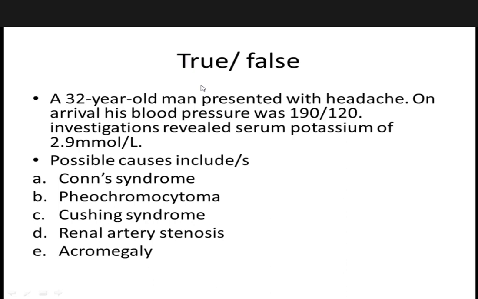Investigations done: white cell count normal, hemoglobin normal, PCV 34, platelet count 200,000, ESR 10. Random blood sugar 60 milligrams per deciliter. Serum creatinine normal. Serum sodium 180.